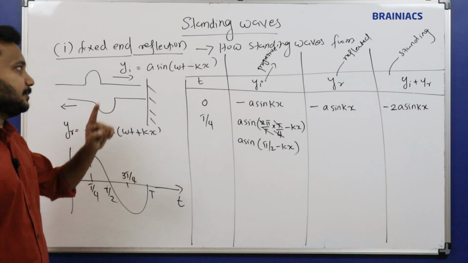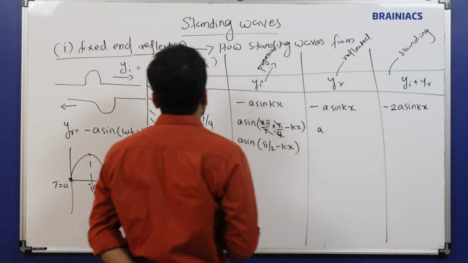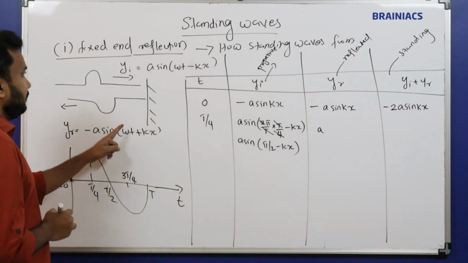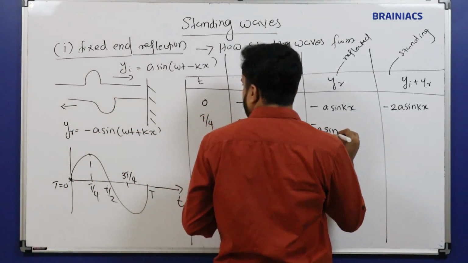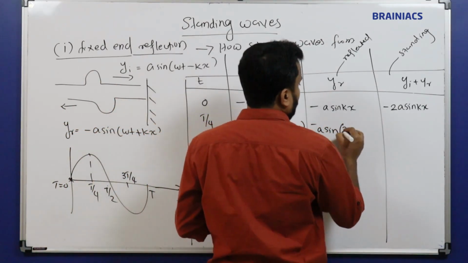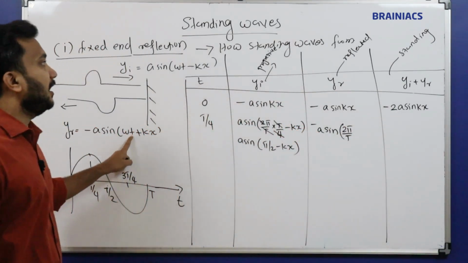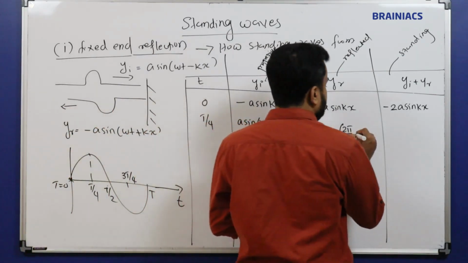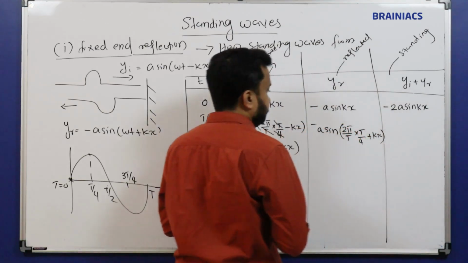The same way, we substitute for the reflected wave. What is the reflected wave equation? This one. So we substitute minus a into sine of omega, which is 2 pi divided by capital T, into small t, which is T/4, plus kx.